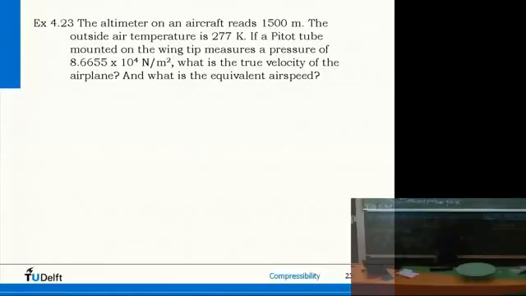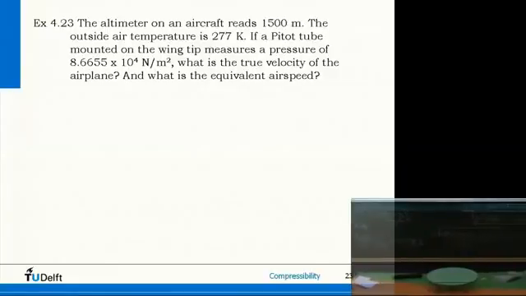So V is the square root of 2 times P0, the pitot tube value given up there, 8.6655 minus this one, 8.456 times 10 to the power 4, divided by the density, 1.064. And then we find the speed to be 62.8 meters per second. Is that okay?